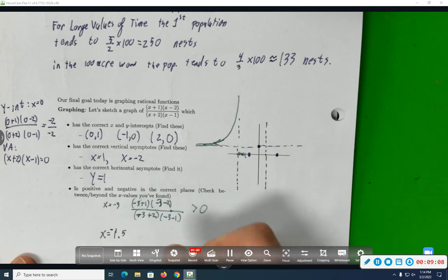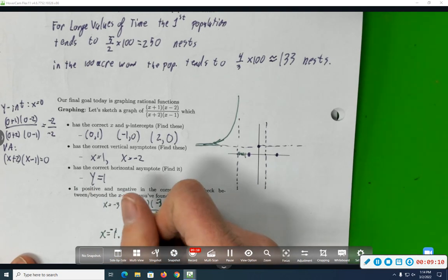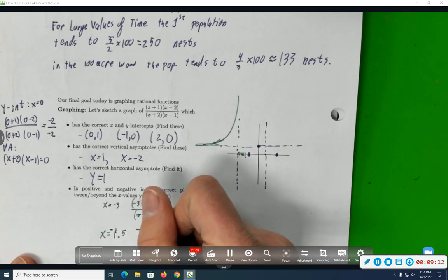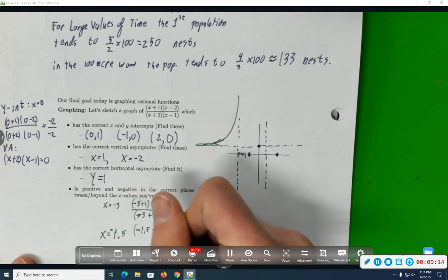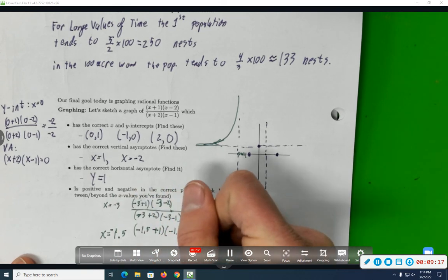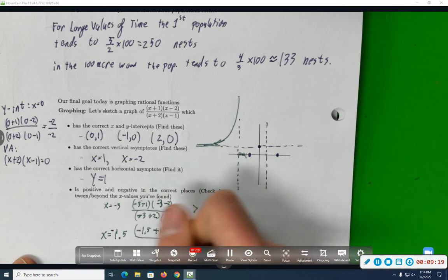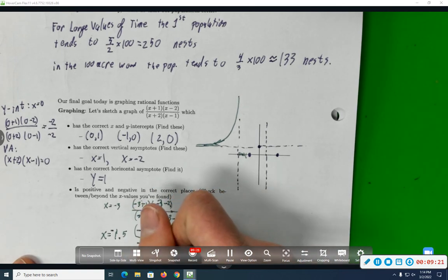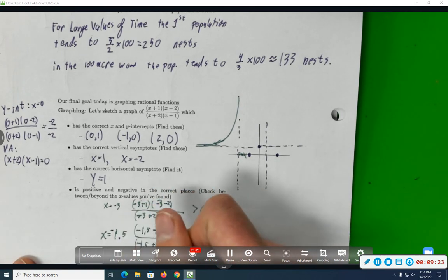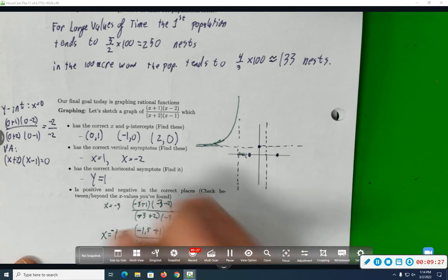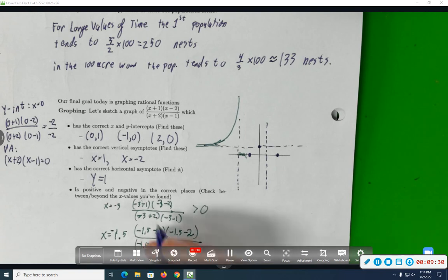X equals negative 1.5. So I'll do the same thing. Negative 1.5 plus 1. Negative 1.5 minus 2. Negative 1.5 plus 2. Negative 1.5 minus 1. And let's just look at each piece.